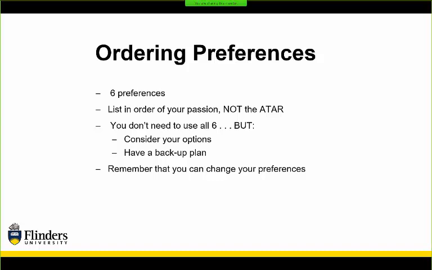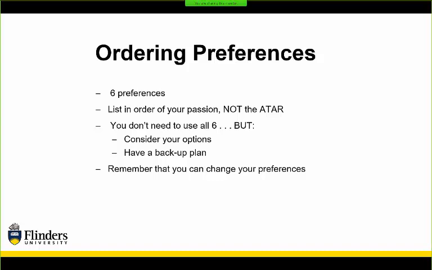So this is something we don't expect you to know the answer to. There's so many pathway options available for you. That's what we're here to help you out with, and we're trying to make it as easy as possible for you. But you do need to get in touch with us, and we can always have a look at your SATAC application and make sure that you've got the best possible backup options in place for you.